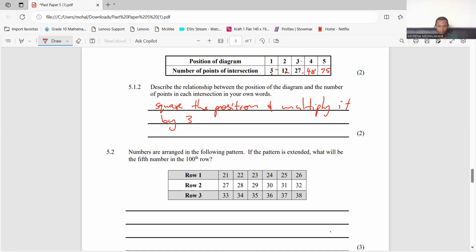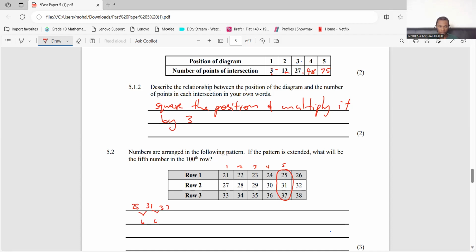In the first row, we have 1, 2, 3, 4, 5. So this is the pattern that I'm looking at. So if it is extended, I have 25. I have 31. I have 37. Let's see, what's the difference here? Difference is 6.